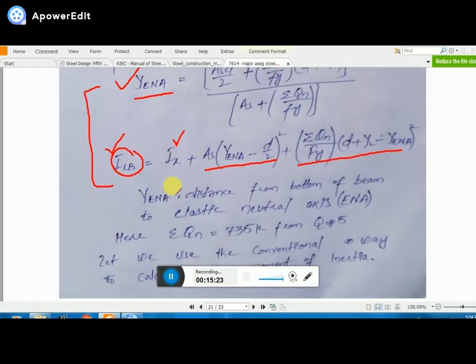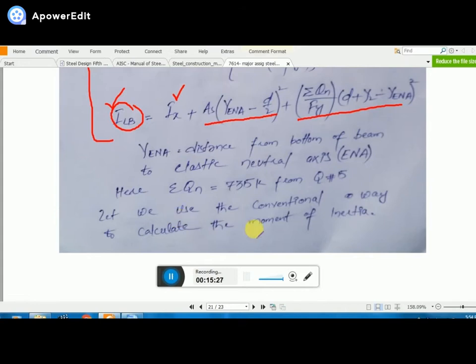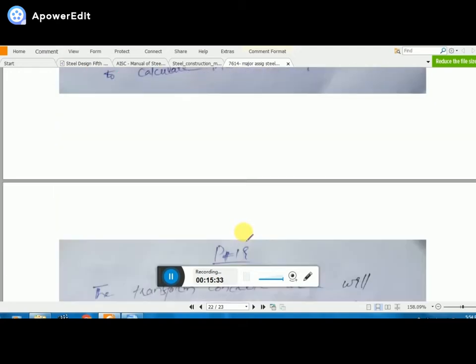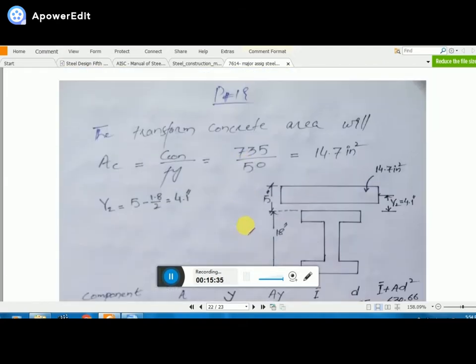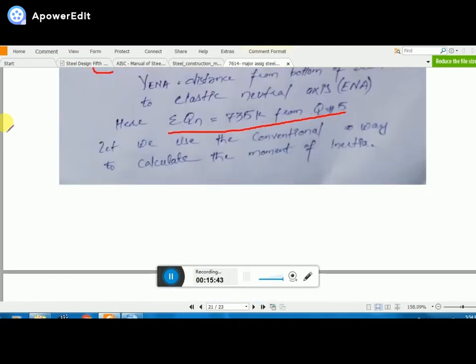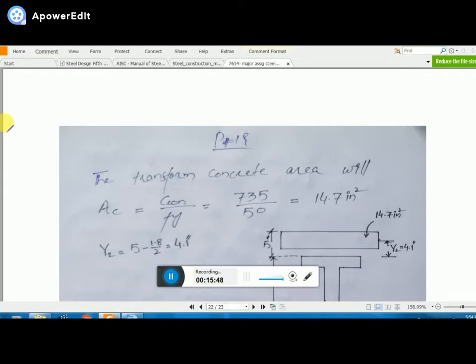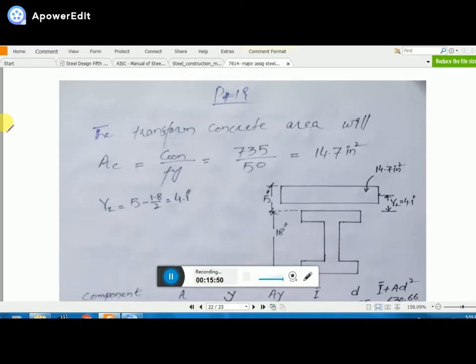Okay, basically here we see the summation of Q, and they assume basically here, ignoring those formulas, that I already used both of these formulas, and we use the traditional calculation as we did in engineering mechanics for calculating moment of inertia.